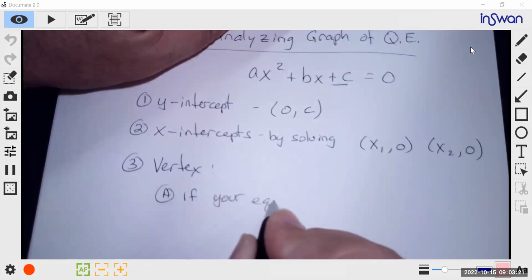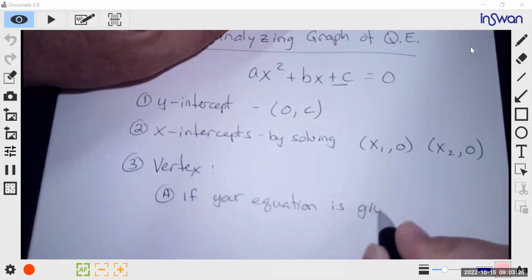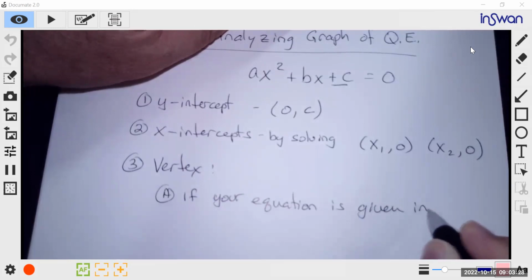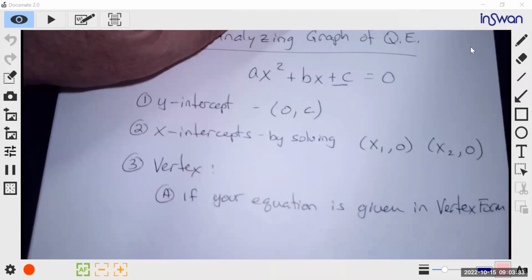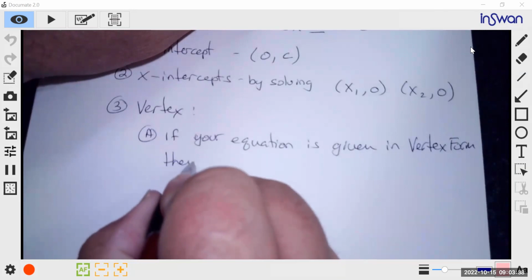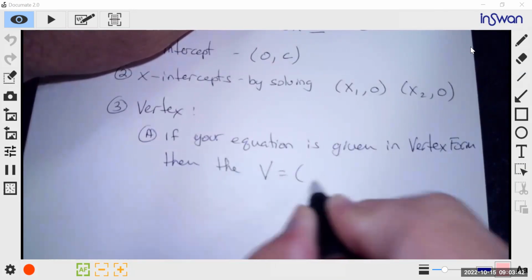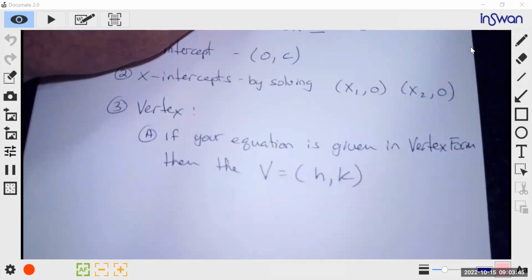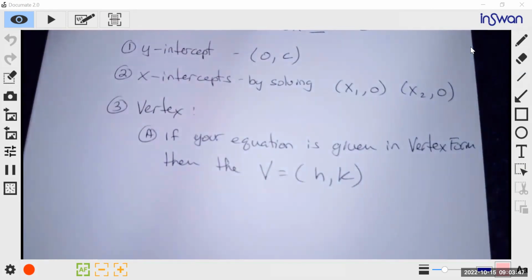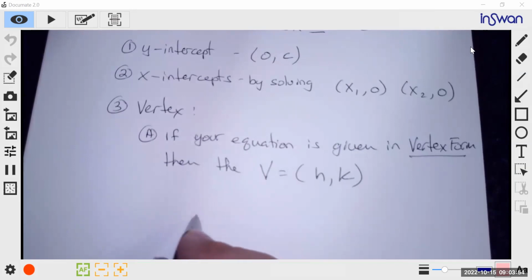If your equation is given in vertex form, then the vertex is simply equal to h and k, the values of h and k. Vertex form is like this.